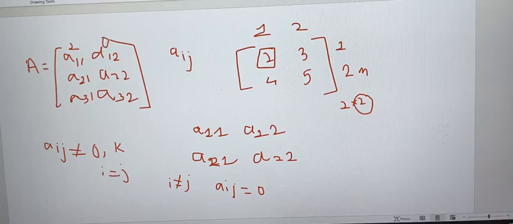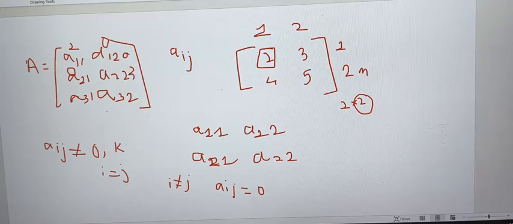Then 2 and 1, still not equal, so it should be 0. Again, 2 and 2: actually here one more column should be added, because this is not a square matrix. But just to understand the i and j values, I have taken this example. For 2 and 2, i is equal to j, so it should not be 0; it should be some non-zero number.